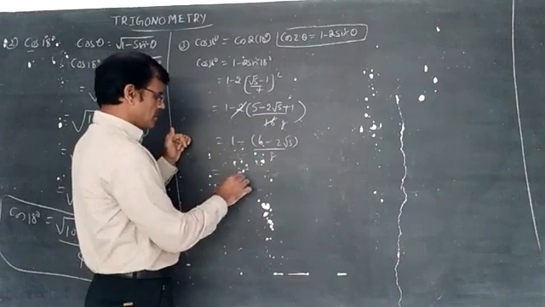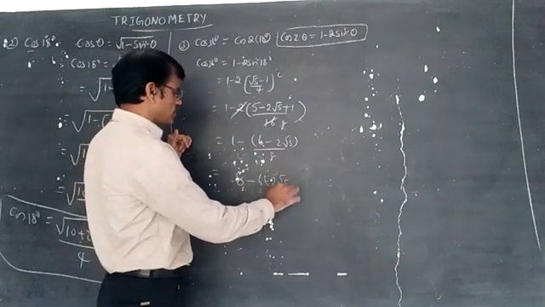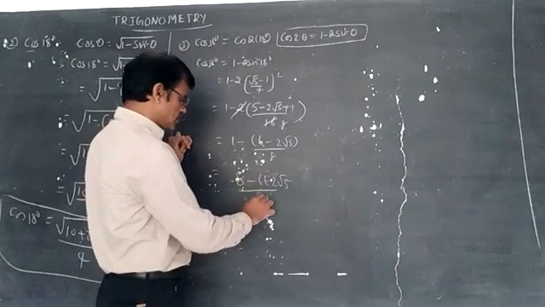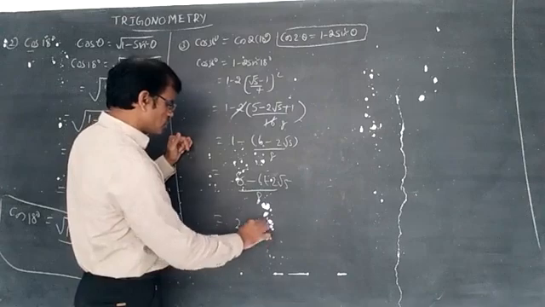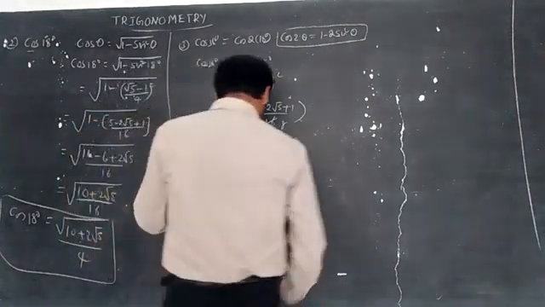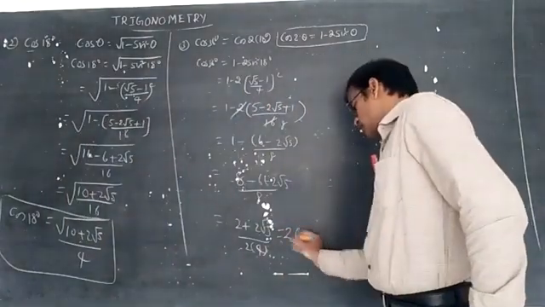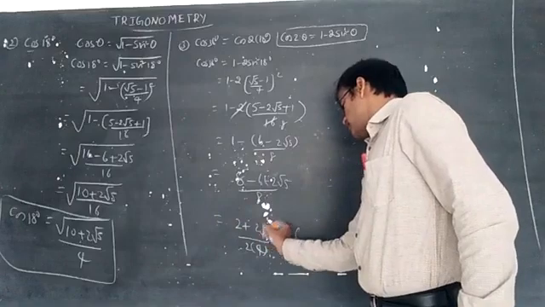Take LCM here. It becomes (8 minus 6 plus 2 root 5) whole by 8. So 8 minus 6 gives 2, so 2 plus 2 root 5. This you can write as 2 into 4, with 2 taken common here.